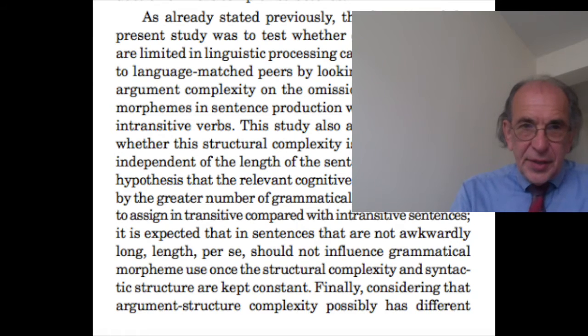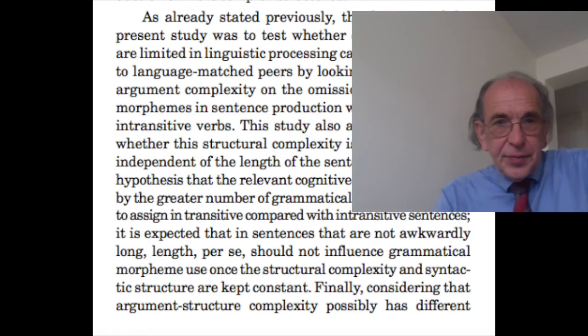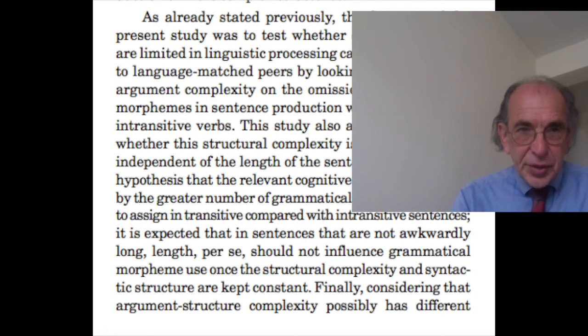And what's it affecting? The omission of grammatical morphemes in sentence production with transitive and intransitive verbs. That is, it's going to affect the children's omissions of morphemes in sentence production. So the omission of grammatical morphemes is the dependent variable.